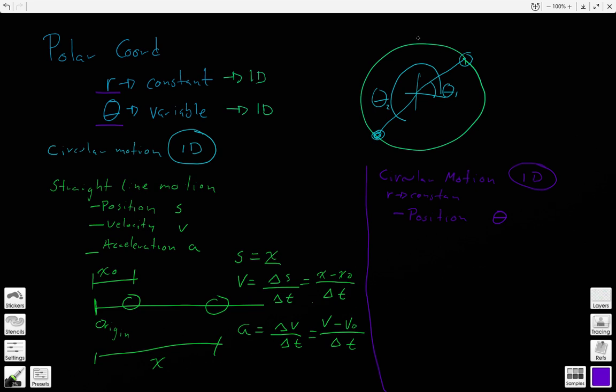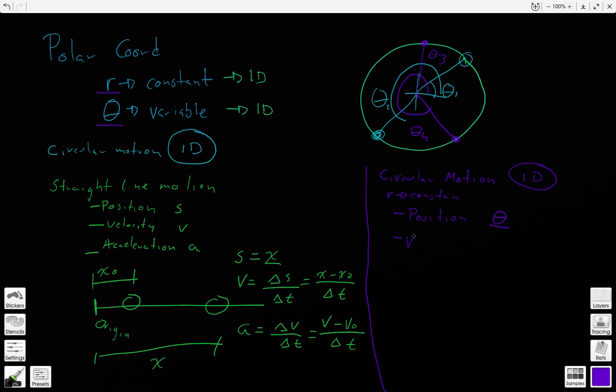My position within this circle could be at theta 1, at theta 2, at theta 3, at theta 4, whatever. My position within this circle can be described only with my variable theta.